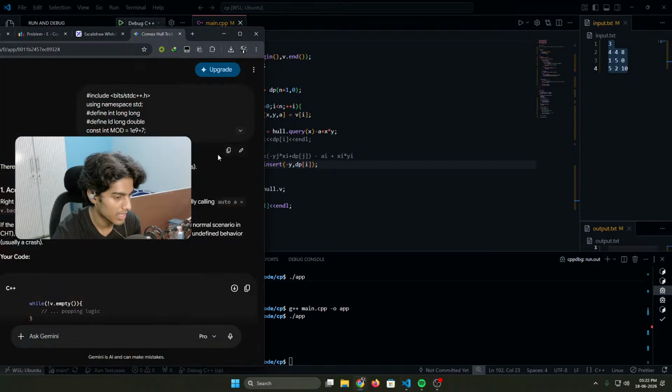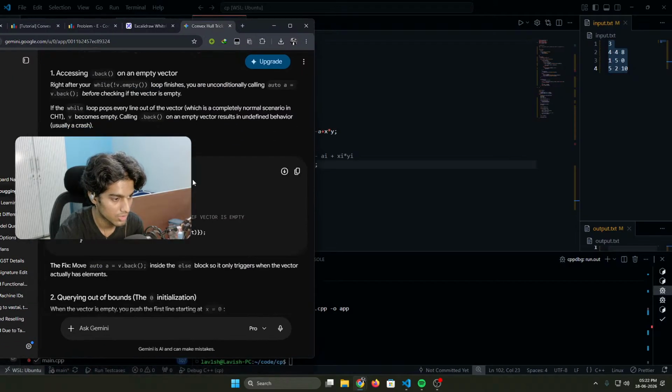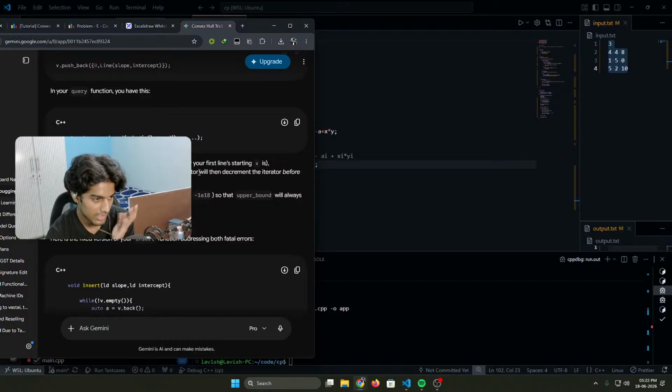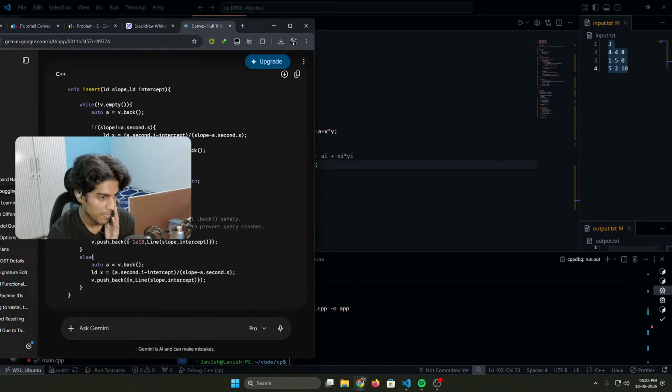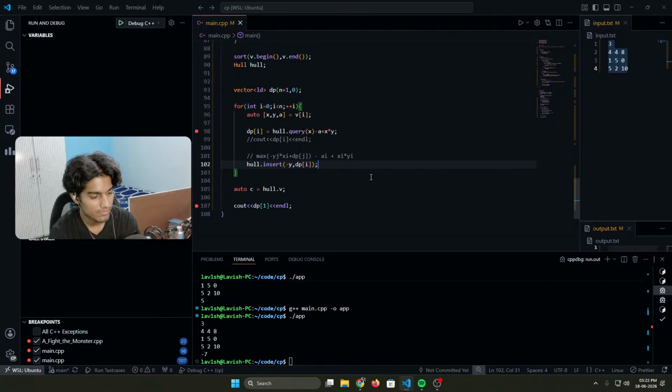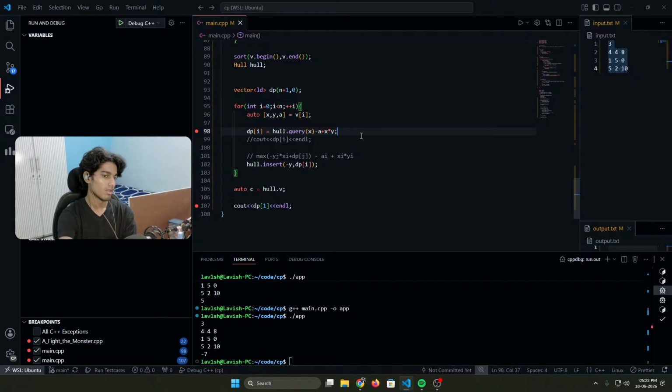Let me check Gemini. There might be some other issues. Okay. Querying out of bounds, 0 initialize. If the vector is empty, you push the first line at x equals 0. In the query function, you have this. That is not the case, so yeah. It shouldn't be negative.